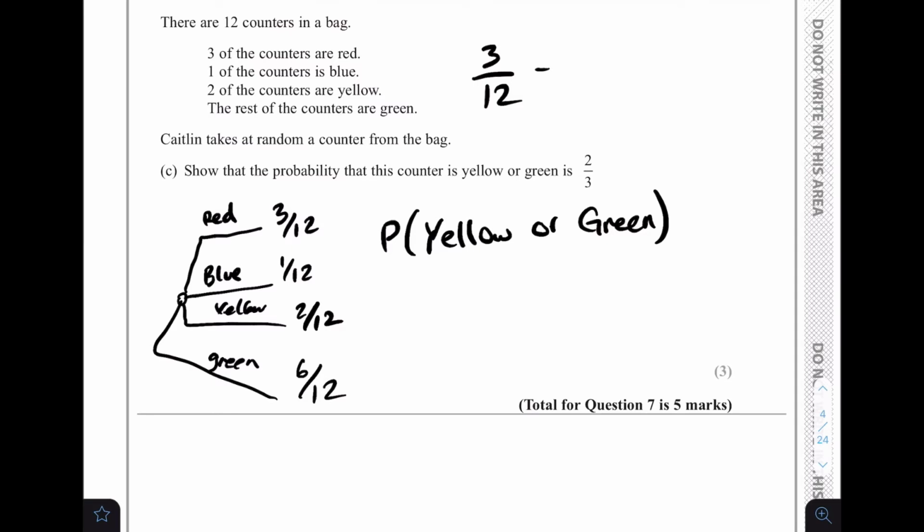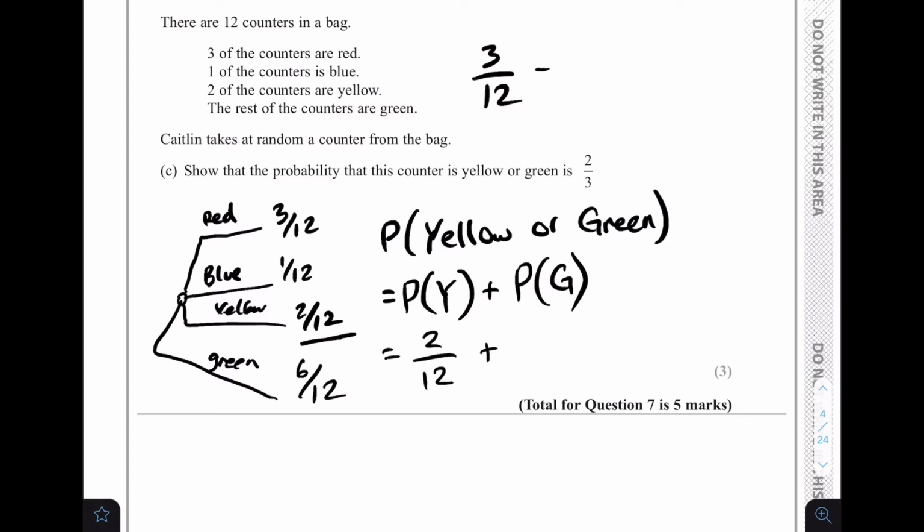So how do we calculate this? For this we will just work out the probability of picking a yellow, and the or symbolizes that we need to put a plus, the probability of picking a green. I've just put a Y and G here for the yellow or green. So we just plug the probabilities in. The probability of yellow here is 2 over 12, plus the probability of green here, which is 6 over 12.